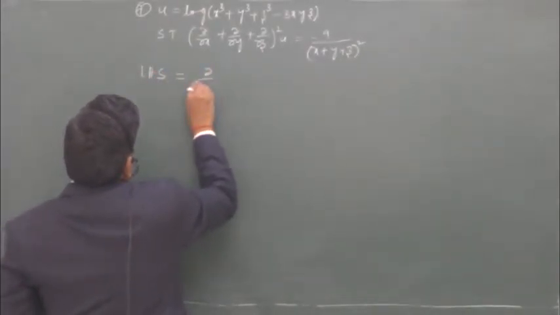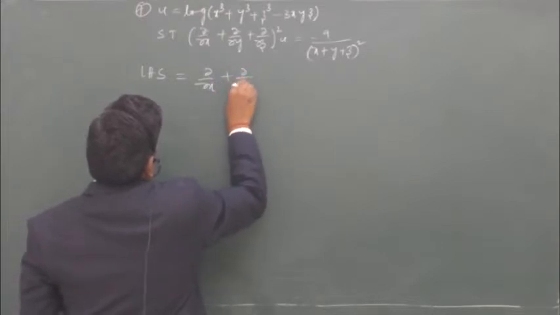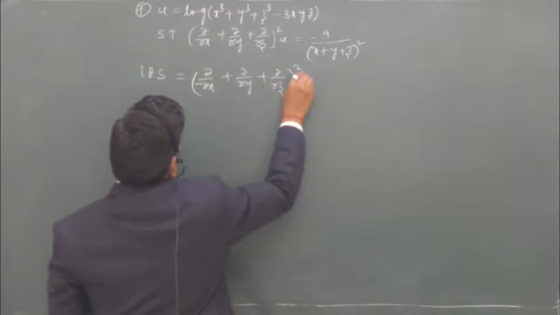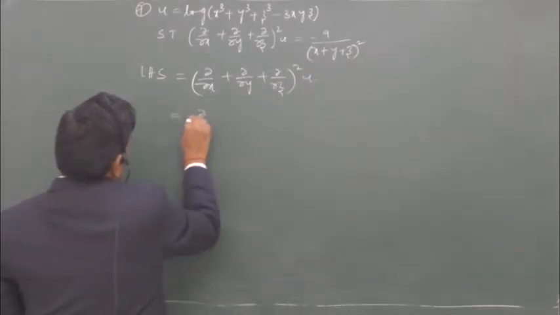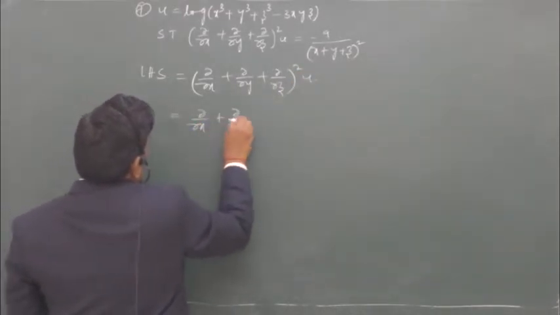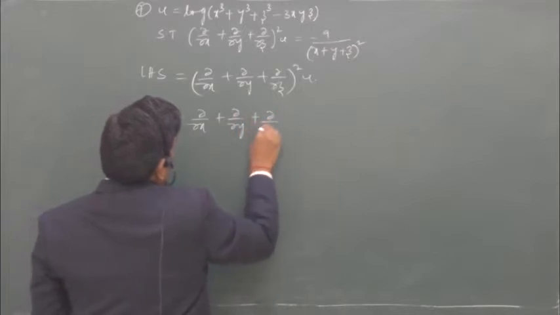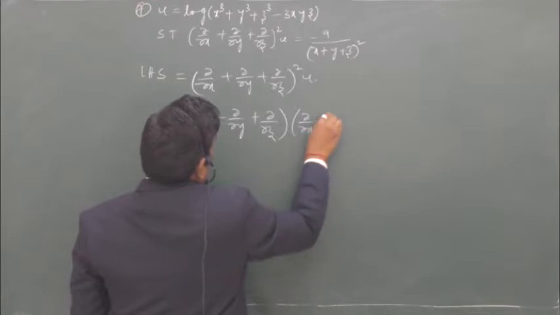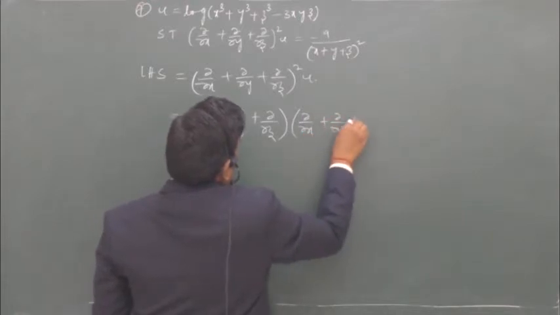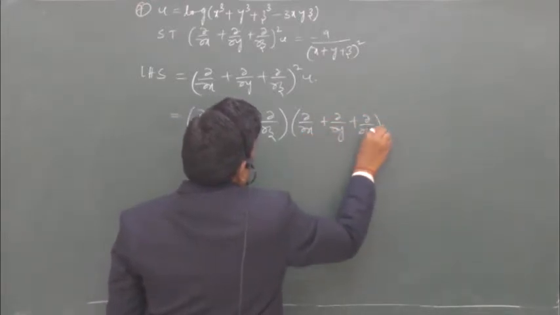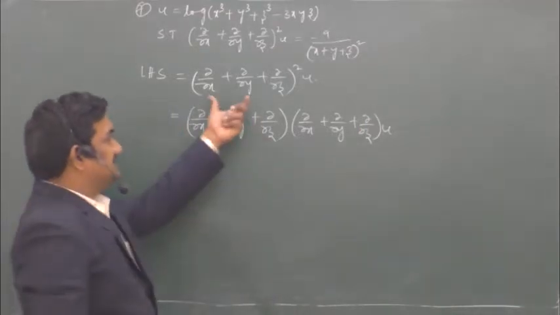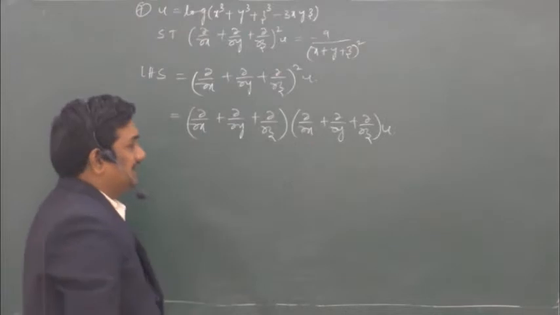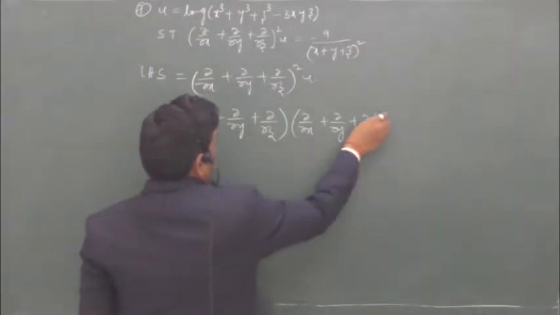So it is (∂/∂x plus ∂/∂y plus ∂/∂z) whole square into u. This is the same as (∂/∂x plus ∂/∂y plus ∂/∂z) into (∂/∂x plus ∂/∂y plus ∂/∂z) into u. So whole square is the same as a into a. Now let us take u inside.